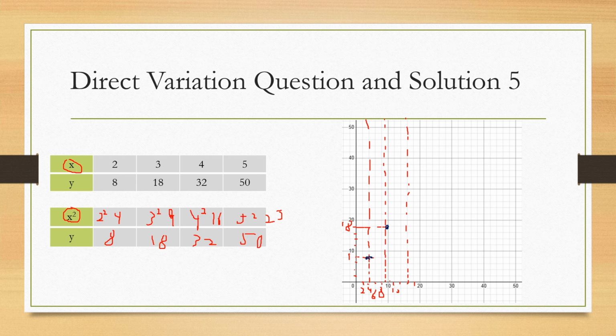So this is 30, 32, 34, 36, 38. So we got a total of 8. Next we make a point. Finally, x will be 25. So 22, 24, 26, 28. So this would be 25.